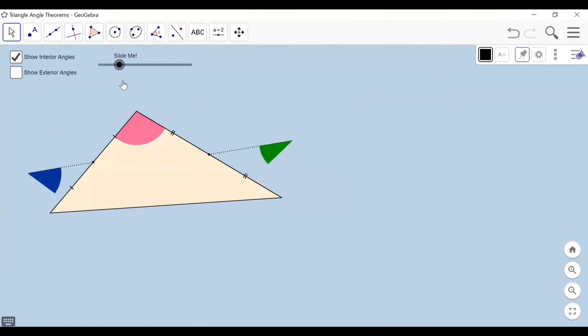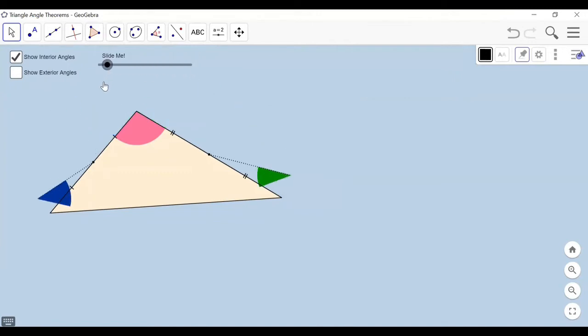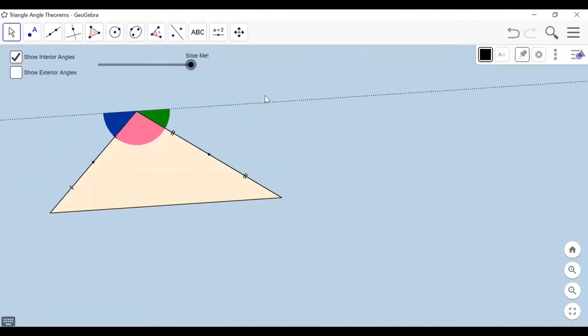If I move the angles here, it will become a straight line. Am I correct? That's why the sum of the interior angles for a triangle must be equal to 180, because the angle on a straight line is equal to a semicircle, which is 180 degrees.